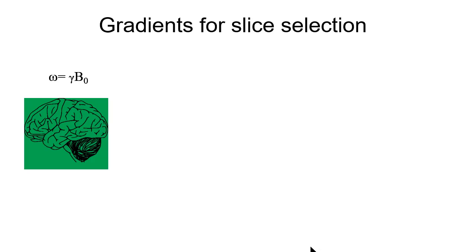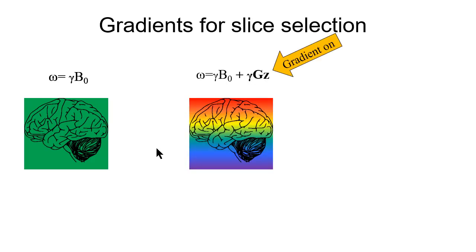Okay, so the first thing we can do with gradients for spatial localization is we can excite just one physical plane of our sample. So we start with our spins all on resonance. They're at the Larmor frequency. And if we turn on a z gradient, we've essentially created this situation.